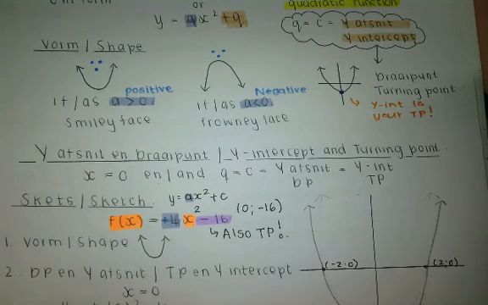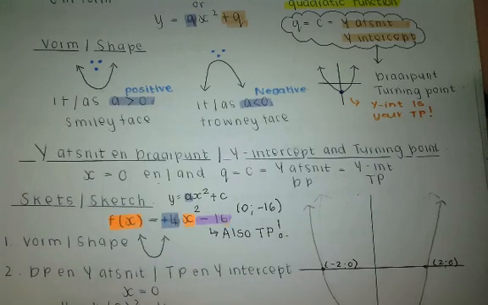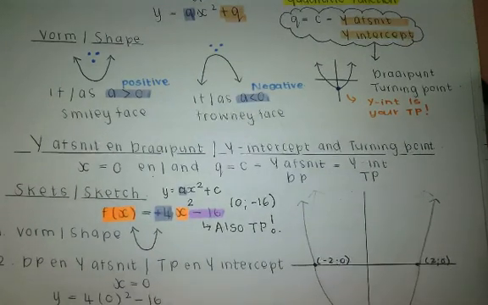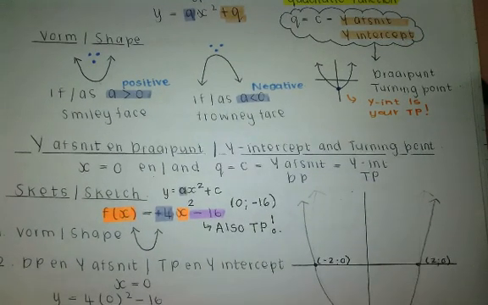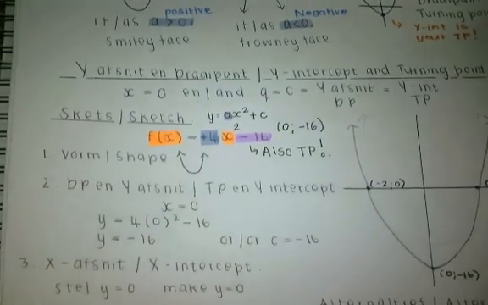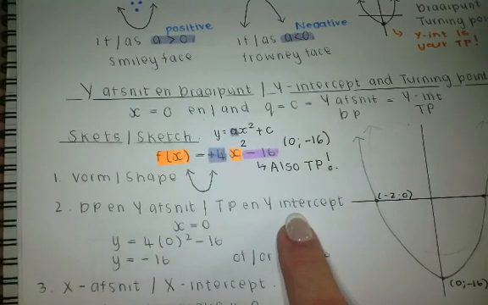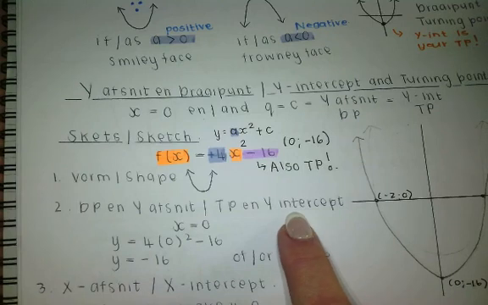Right. To sketch we need 2 coordinates. We need an x-intercept and we need a y-intercept. The y-intercept is already given. It is negative 16. So all we need to do is find our x-intercept. Here on the paper, do you see that they give us a little calculation for the y-intercept? Is that little calculation necessary?